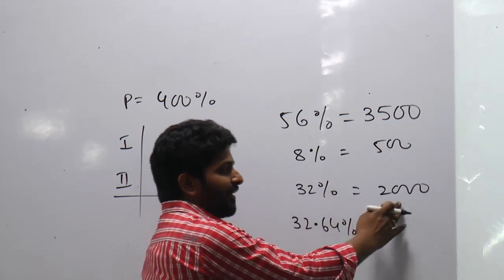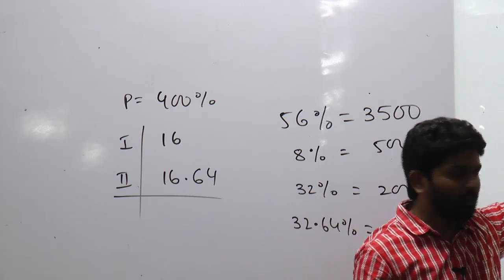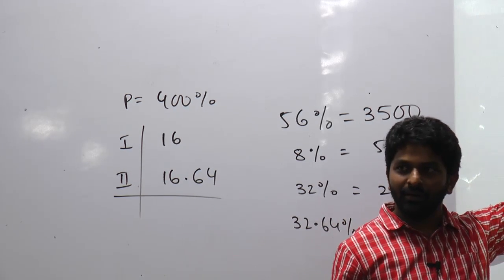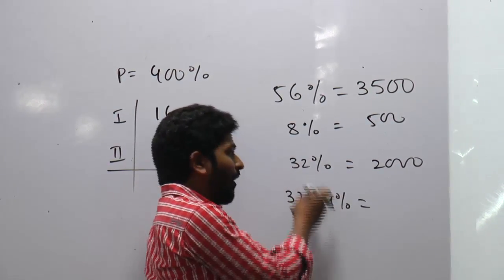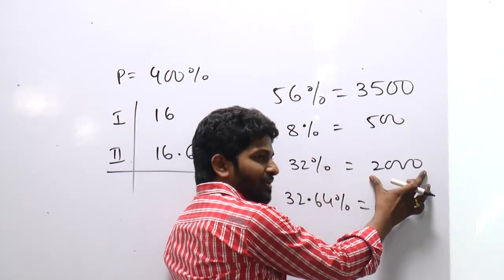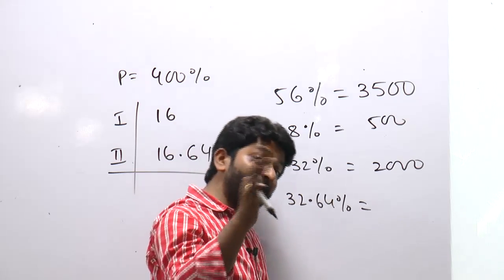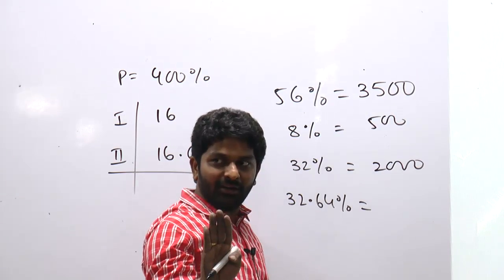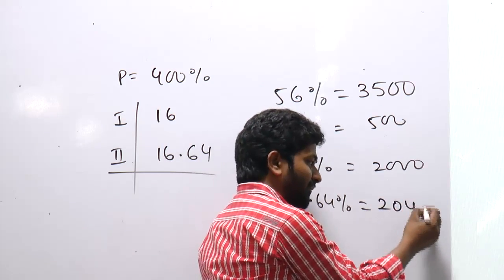If 32% is 2000, how come 32.64% becomes 2500 or 2400? Yes or no? This is very close, right? Not even 1% rise. If 32% is 2000, 64% will be 4000. 6.4% is 400. 0.64% is 40. So answer is 2040.